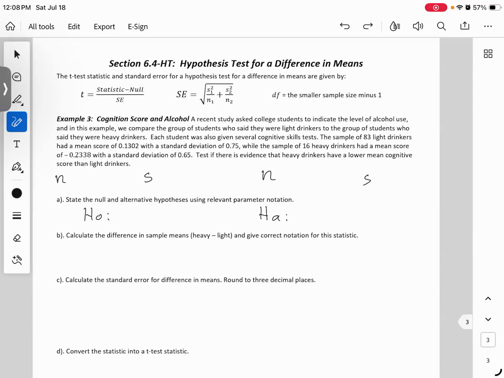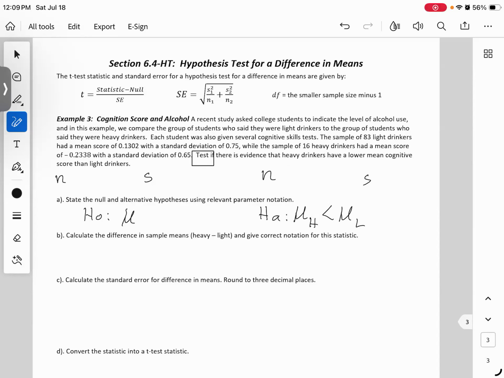All right, so hopefully you gave that a shot. And here's what we found out. What's being tested is to see whether there's evidence that heavy drinkers have a lower mean than light drinkers. So here I'm going to go ahead and just put all these down here. Whether heavy drinkers have a lower mean than light drinkers.